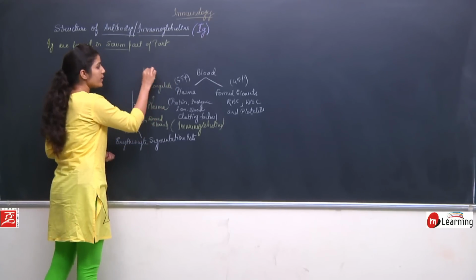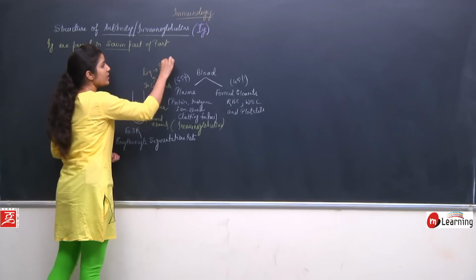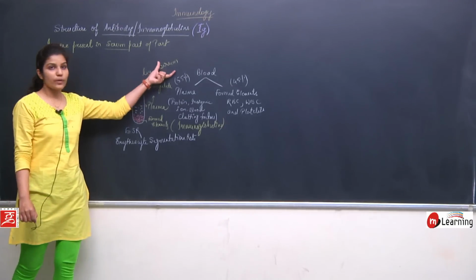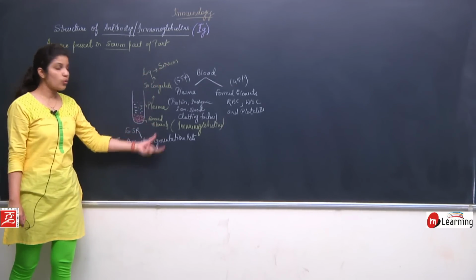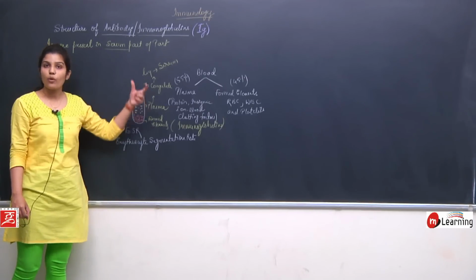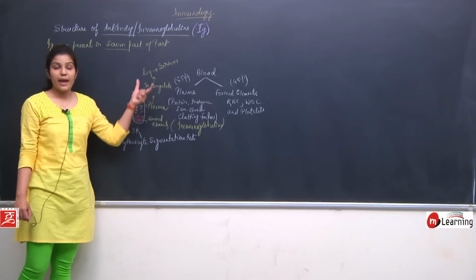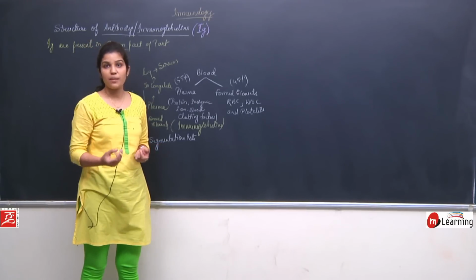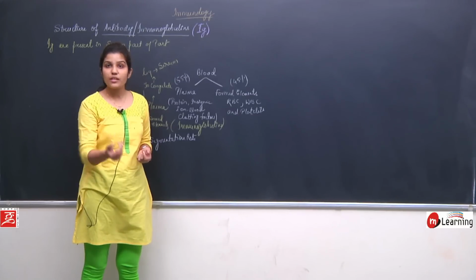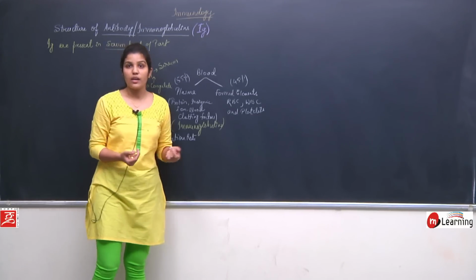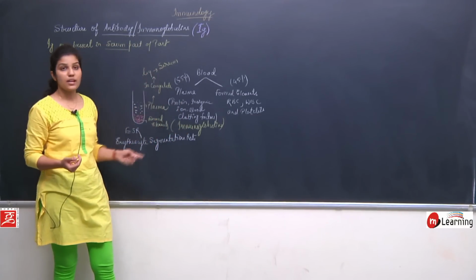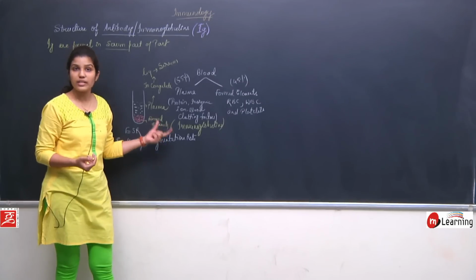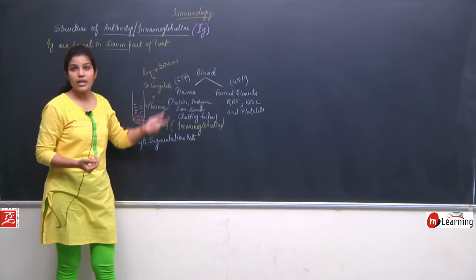In that serum, our immunoglobulins, our antibodies, are present. That's why we said that serum is rich in proteins; albumin is one type of serum protein and that is also present in this serum, and along with that, the immunoglobulins, that is our antibodies, are also present in our serum.